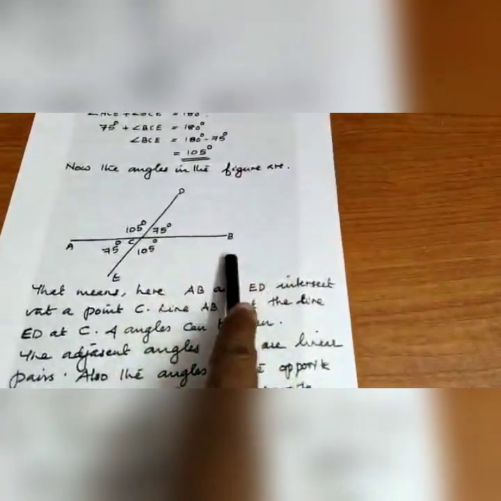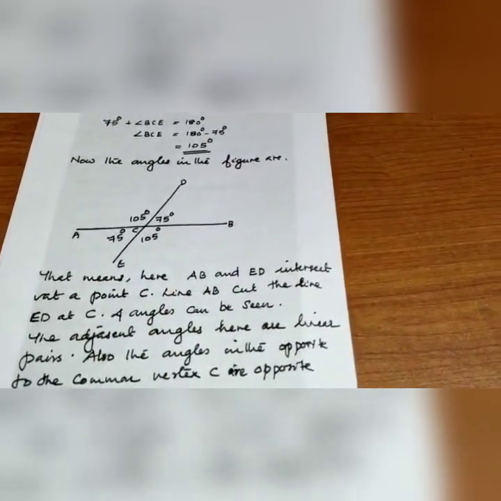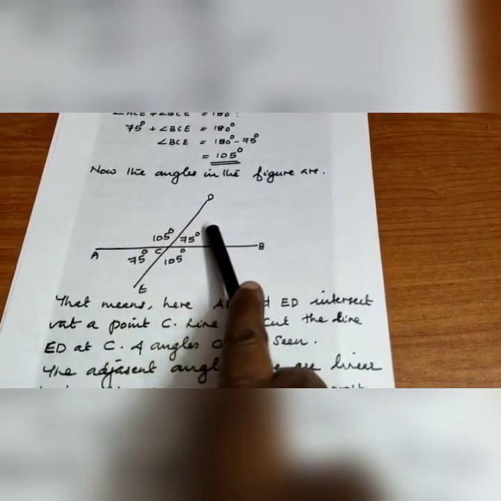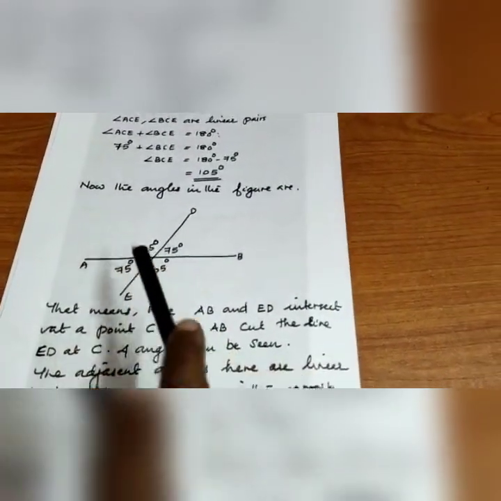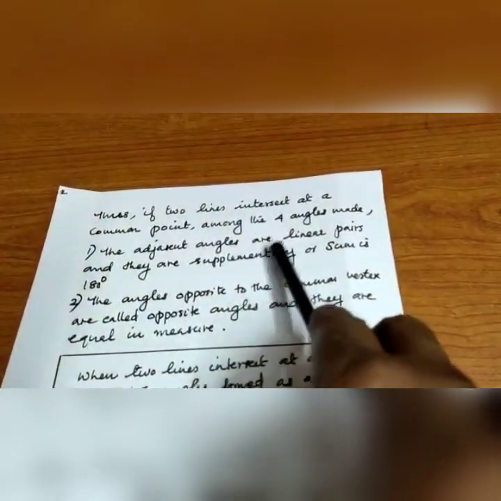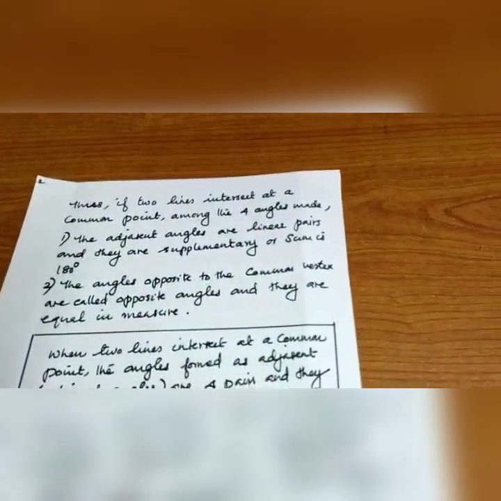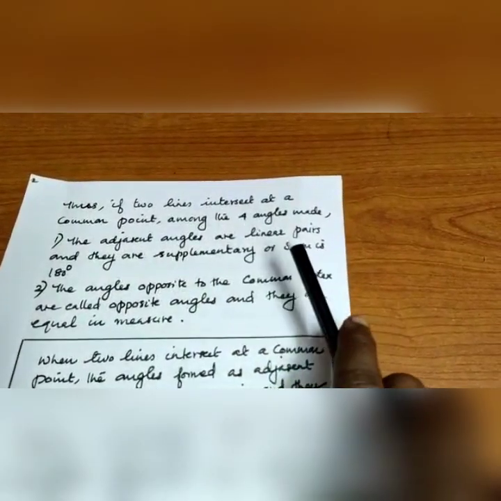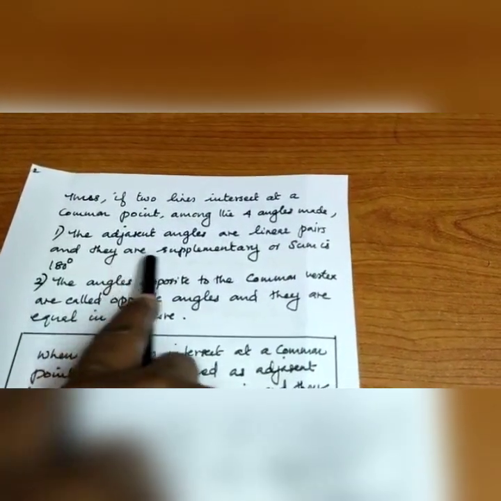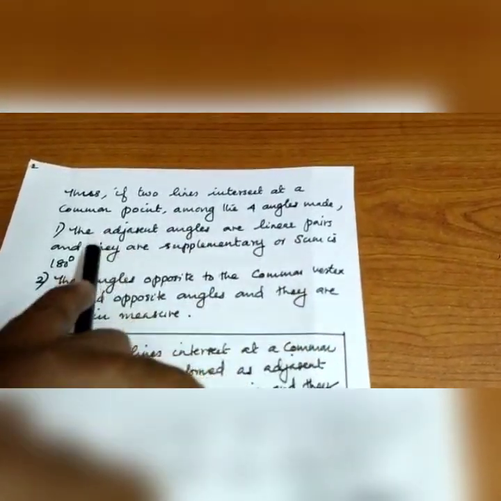Then what's the measurement of opposite angles? In the figure, we can conclude that opposite angles are equal in measure. Thus, if 2 lines intersect at a common point, among the 4 angles made, the adjacent angles are linear pairs and they are supplementary, or sum is 180.